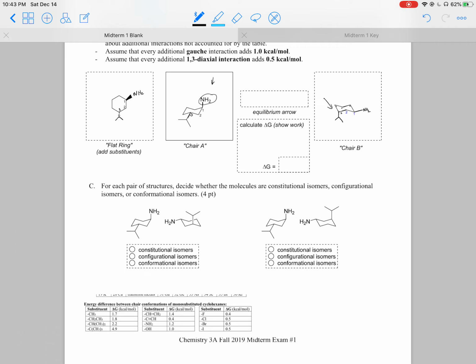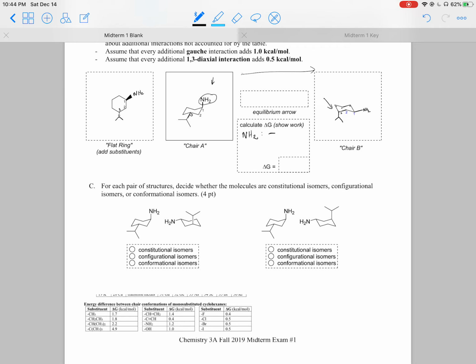So we're going from NH2 being axial to equatorial, from chair A to chair B, for our delta G. So that means it's a favorable one. So for NH2, we're going to take the number that we find below and subtract that for delta G, because we're releasing energy. That's a subtraction.